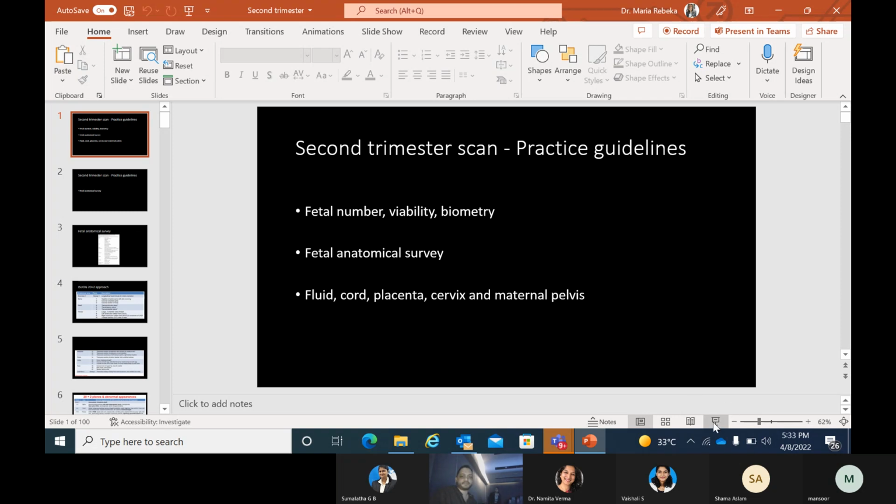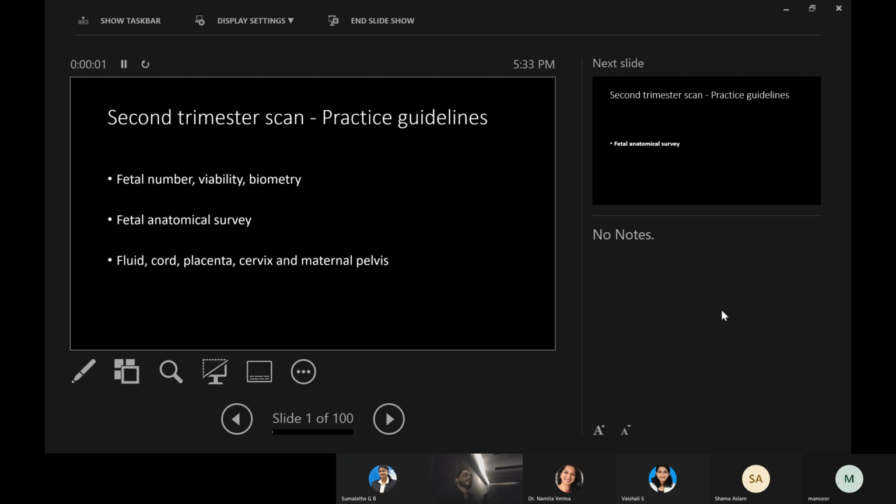In the second trimester scan practice guidelines, we check for fetal number, viability, biometry, fetal anatomical survey, fluid, cord, placenta, cervix, and maternal pelvis. All these are things which we routinely do.